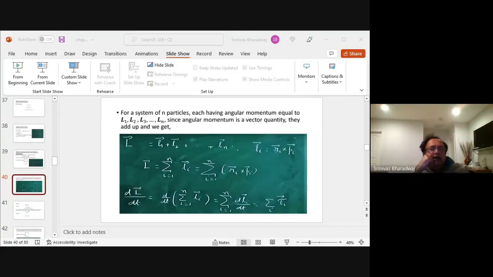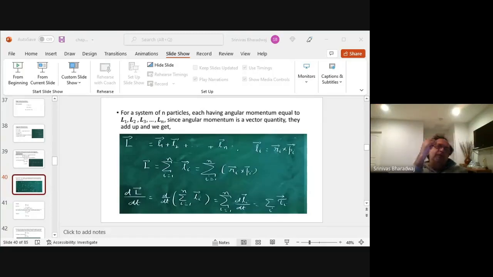r square theta is basically the area, where theta is the angle covered. So r square d theta/dt will be a constant. That is really Kepler's law. He said that r square d theta/dt, or r square omega, will be a constant.